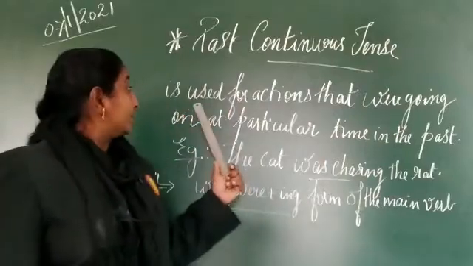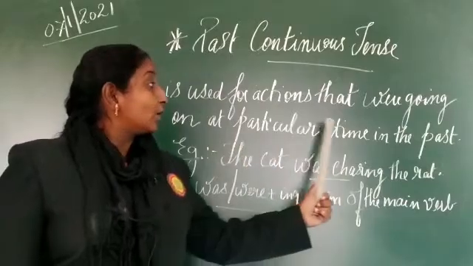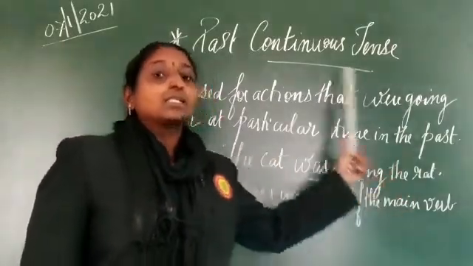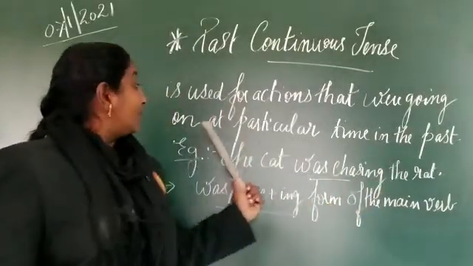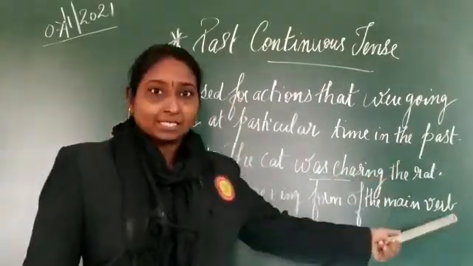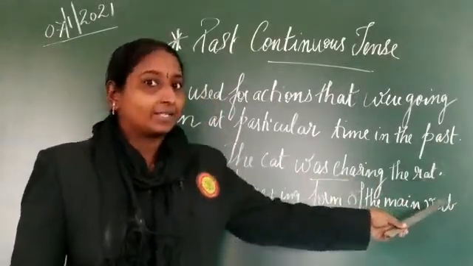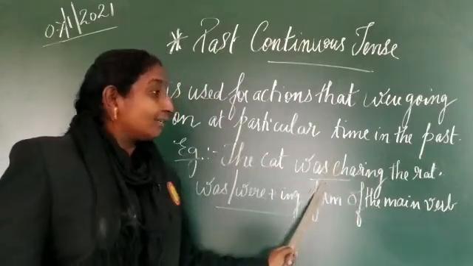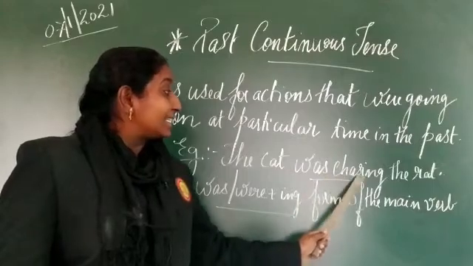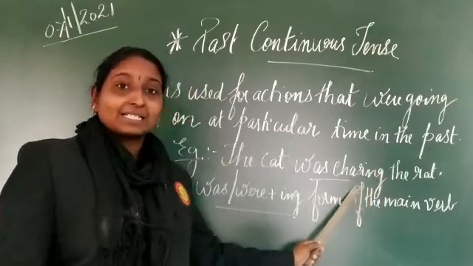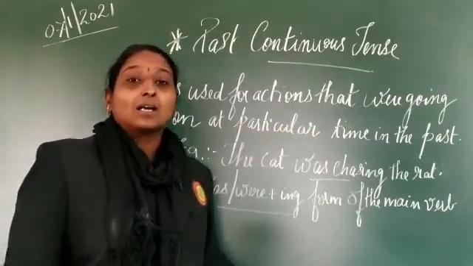As written here on my board, it is used for an action that was going on at a particular time in the past. The example is, the cat was chasing the rat. So here, was itself tells us something was done in the past, and chasing, the ing form, tells us about the continuation. So that comes as the past continuous tense.